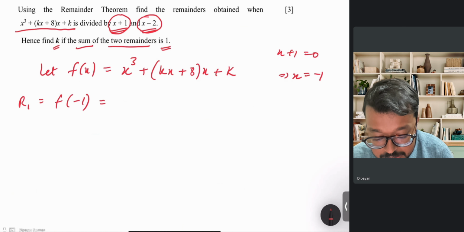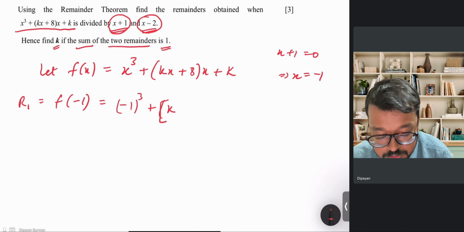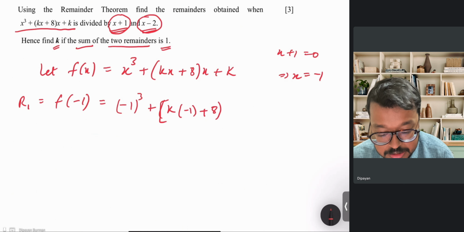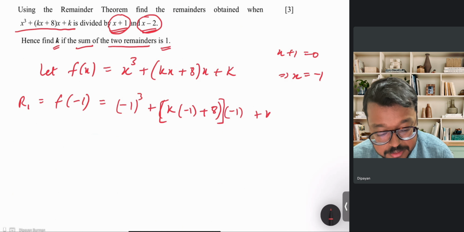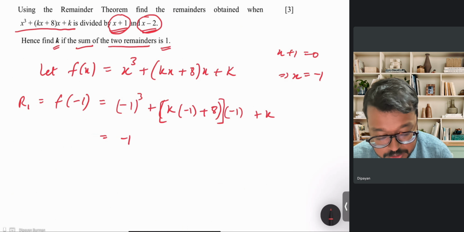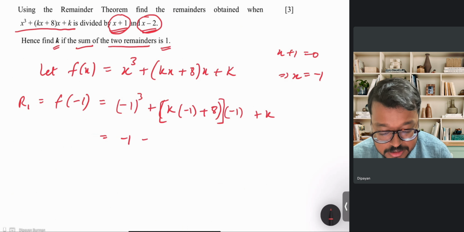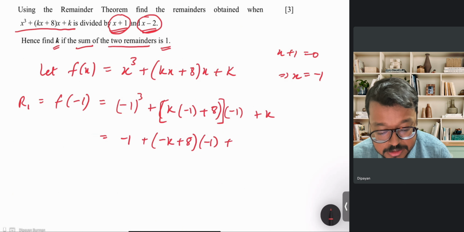That means substituting x equal to minus 1 in the dividend. So let's evaluate that carefully. Minus 1 cube plus k into minus 1 plus 8 into minus 1 plus k. So this is minus 1 and this is minus k plus 8 into minus 1 plus k.